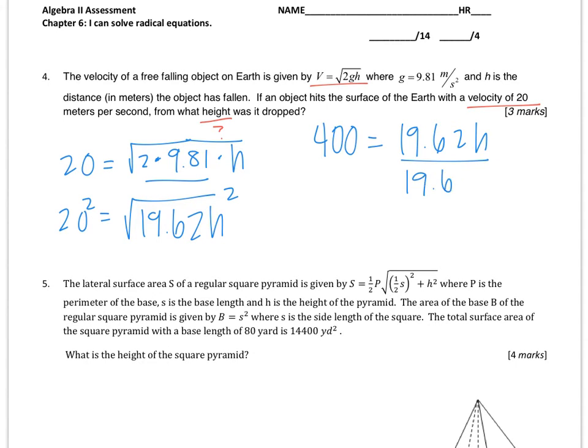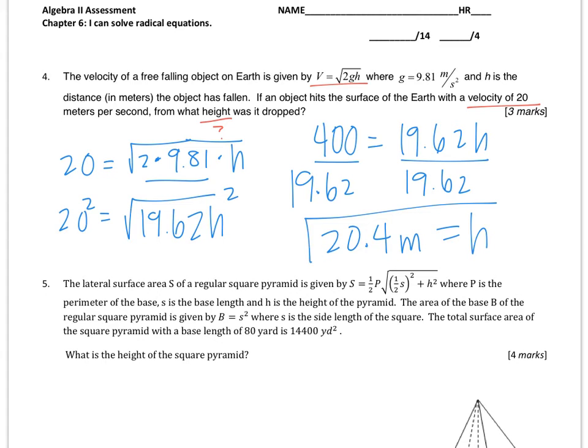Divide out the number. 400 divided by 19.62 is 20.4. And I'm going to say meters, that equals our height.